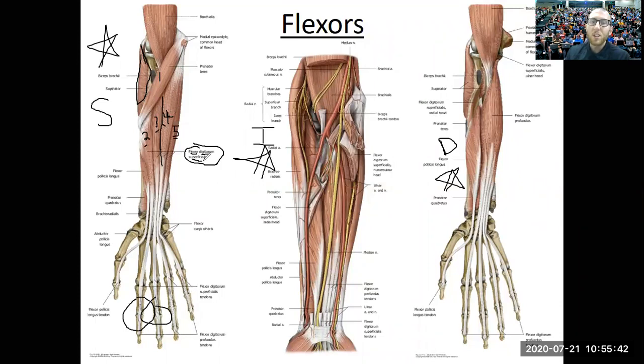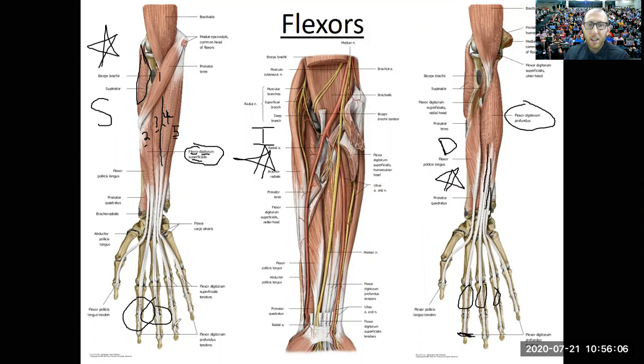And then superficialis will tell you there's another flexor digitorum, which we know there is, a deep one called the flexor digitorum profundus. It's got multiple divisions going to each digit over here, but the profundus goes further.